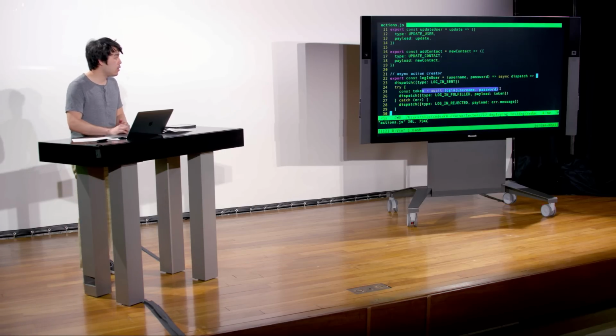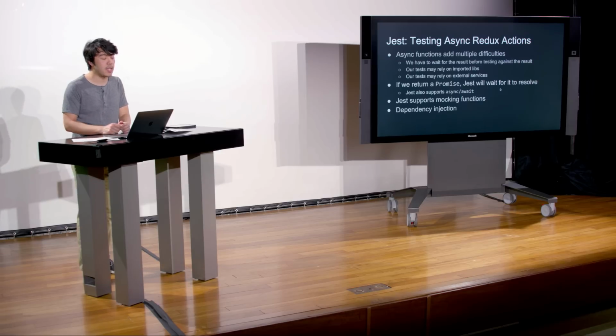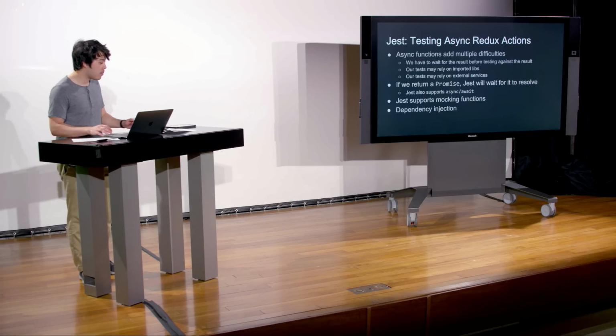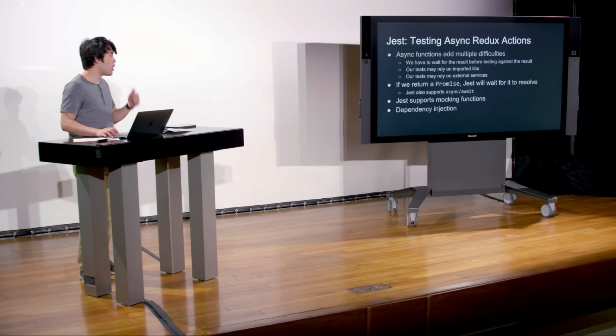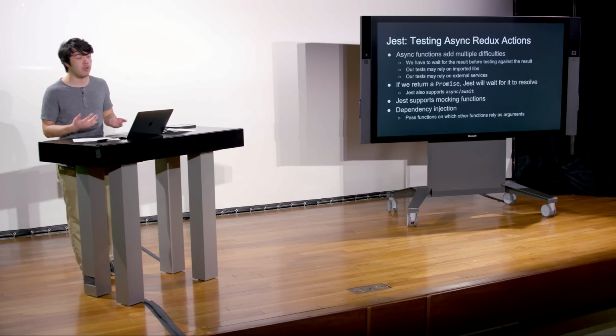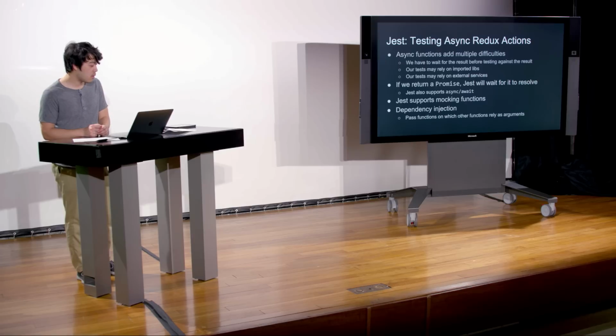There's actually a strategy called dependency injection, which we can use to get around this problem. What dependency injection is, is that we pass functions on which other functions rely as arguments to those functions. So we make these functions even more pure. Everything that they need, they receive as arguments.